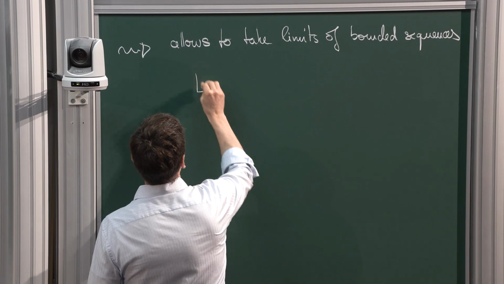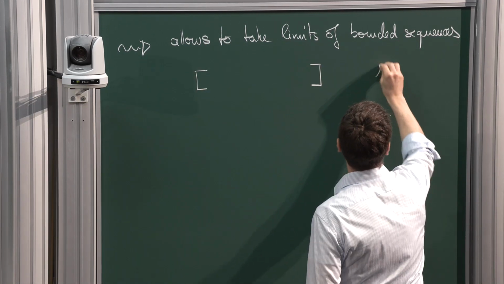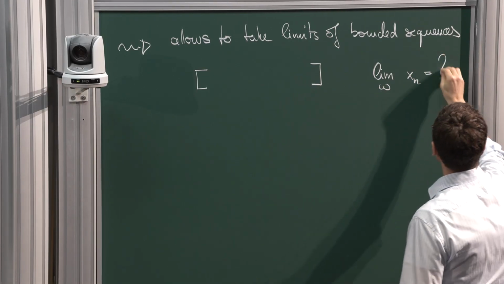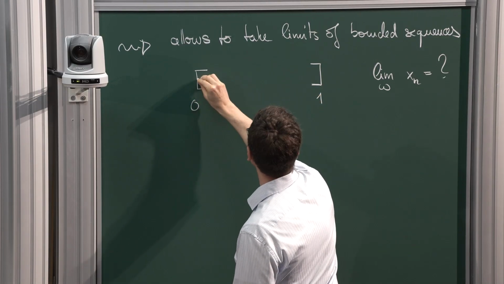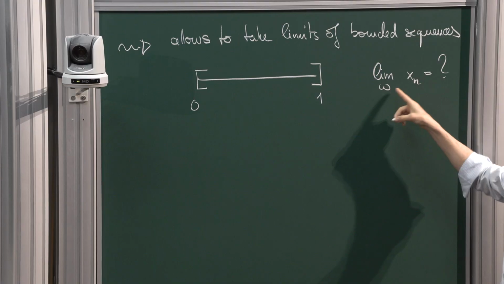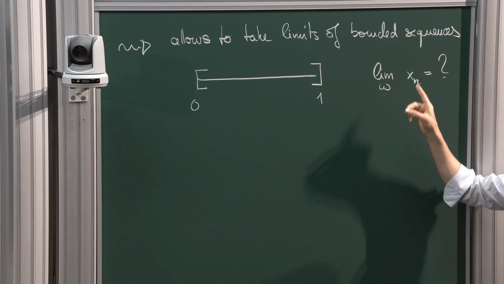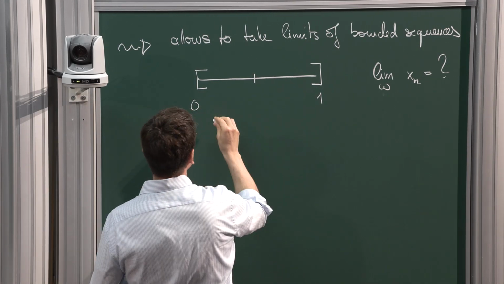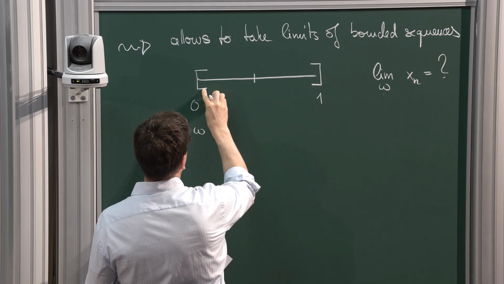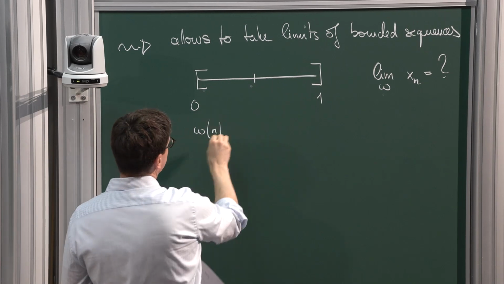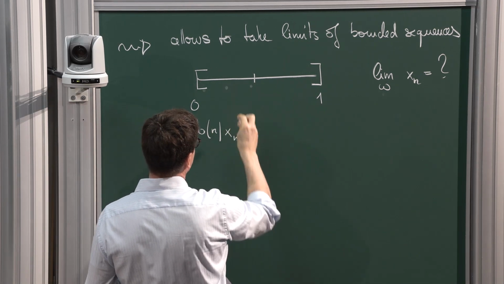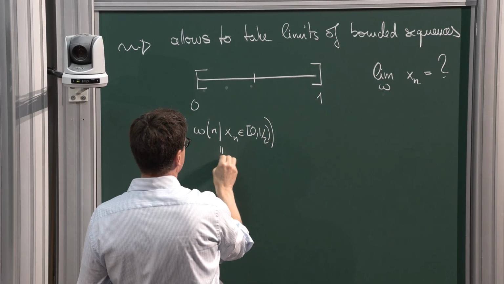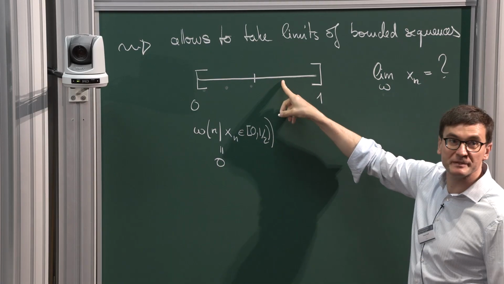And how does it go? So let's suppose we have a sequence of real numbers, and it's bounded, so let's say it's in the interval from 0 to 1. And we want to say, what is this omega limit, this ultra limit of this sequence? How do you define it? Well, you subdivide the interval, and then if the measure of the indices n such that x_n is in the left half is 0, then you would say, okay, the limit should be in the other half.